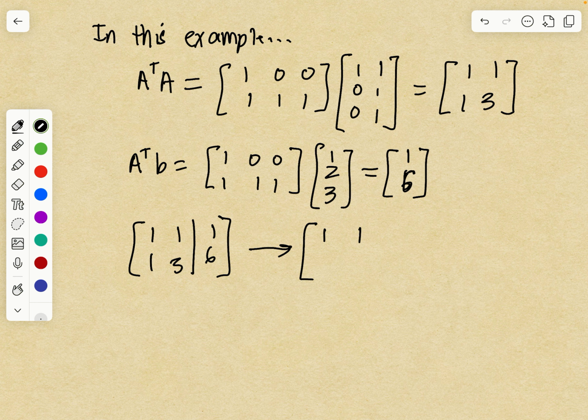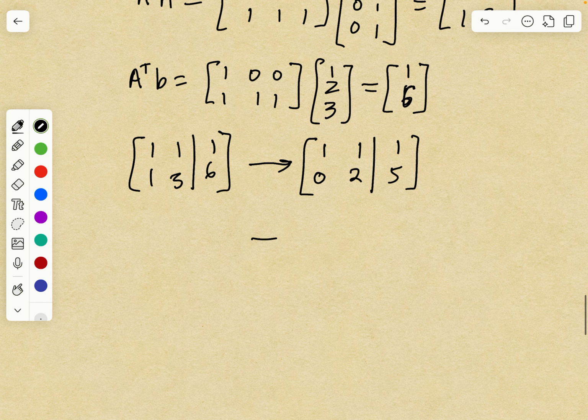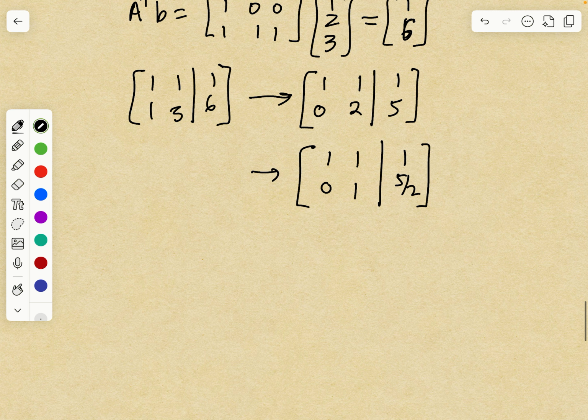So I'm going to replace row 2 by row 2 minus row 1 to get a 0 here. So I get this, and then I need to divide row 2 by 2, so I get this. And then replace row 1 by row 1 minus row 2. And I get this.